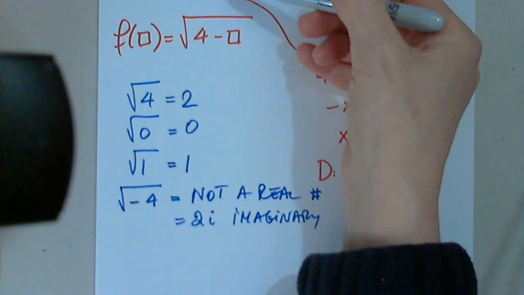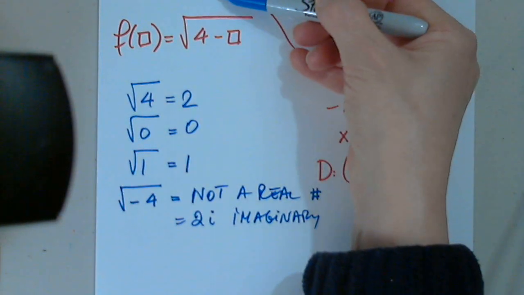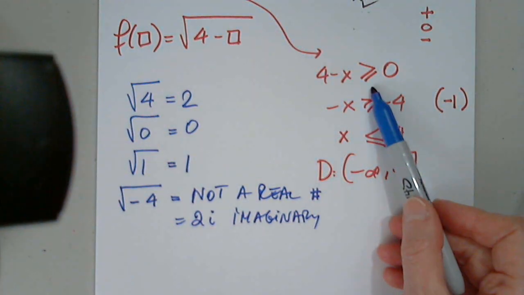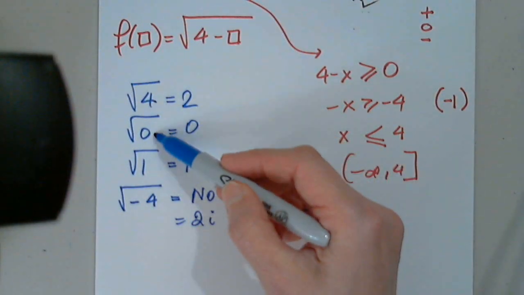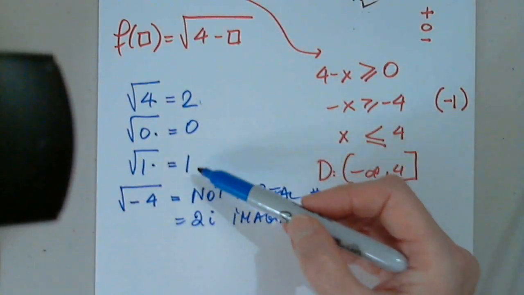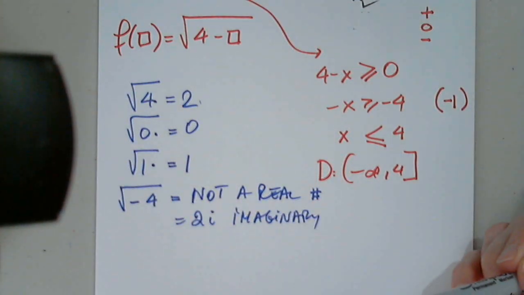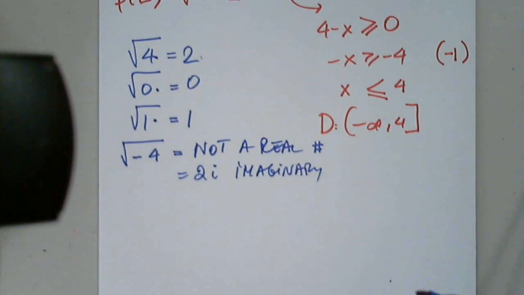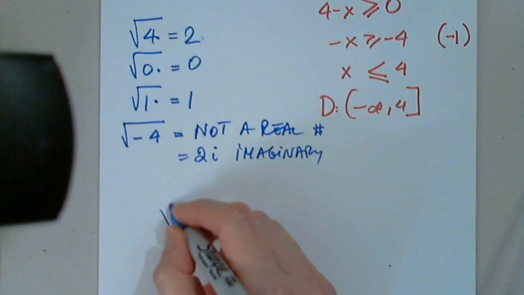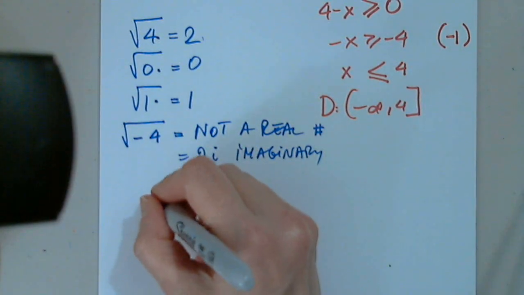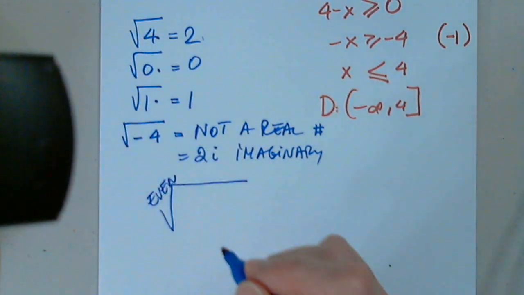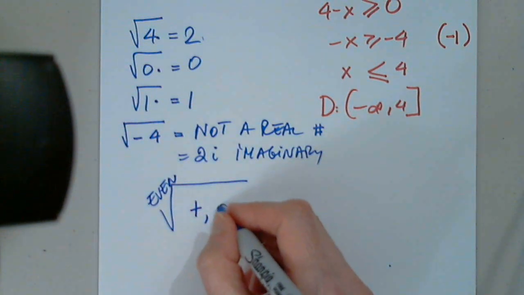So that's the reason why the quantity under the square root has to be greater than or equal to 0. As long as it's greater than or equal to 0, I get an answer. If it's a negative number, I don't have an answer. Does that answer your question? So since we are here, I'm going to write this. For any even index, positive or 0.